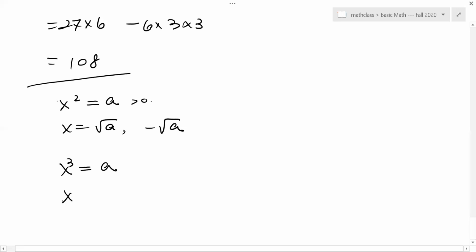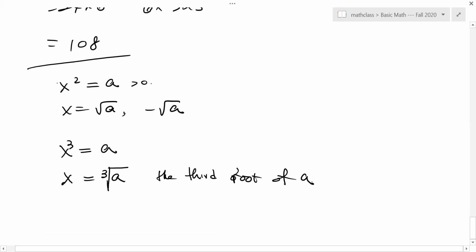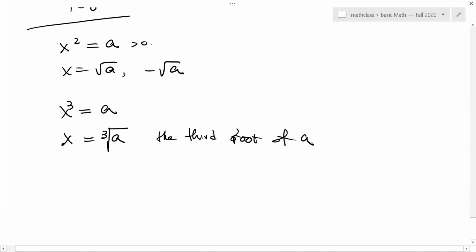So the solution will be denoted by the third root of a. Okay, so you can assume a is any number.